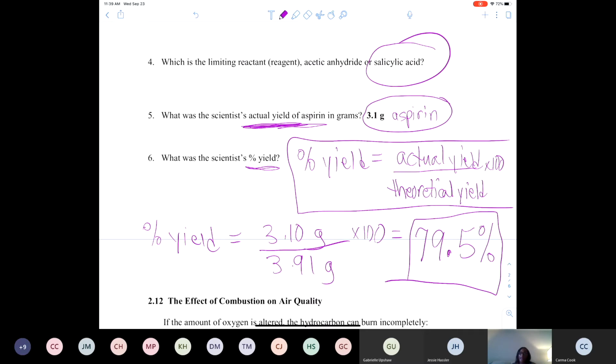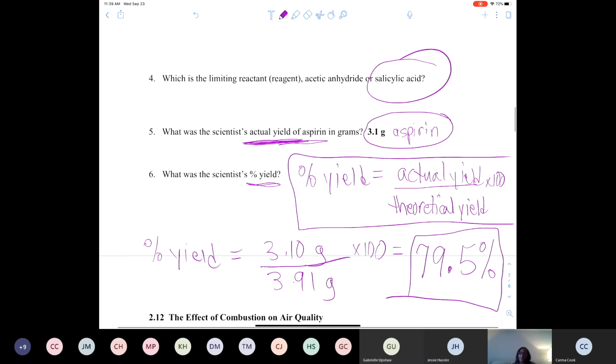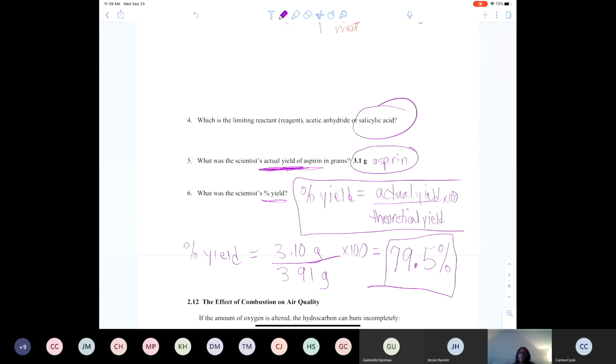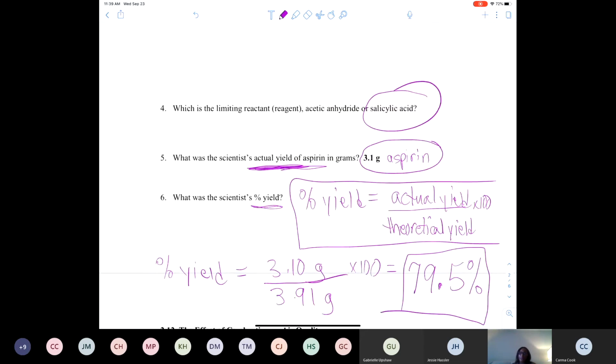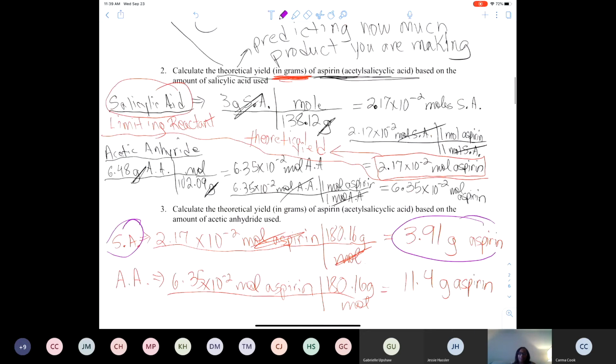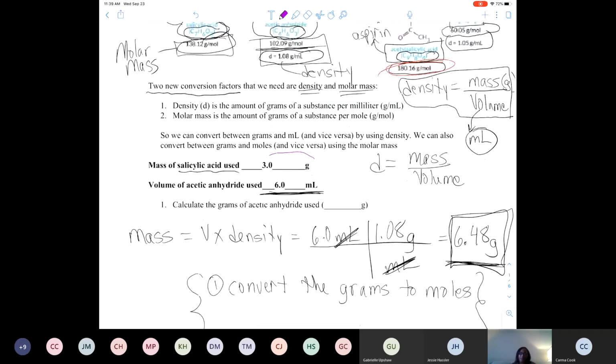So for your bonus assignment, you're going to be given a scenario very similar to this one. You're going to be dealing with the same compounds, making aspirin, using salicylic acid, acetic anhydride. Only thing that will be different are these numbers. You're just going to be working with different numbers, but the same compound, same reaction.